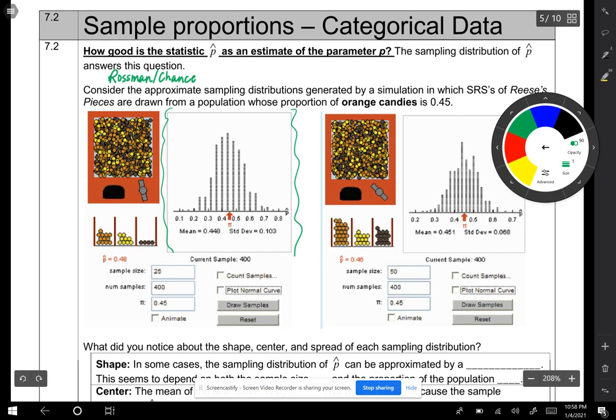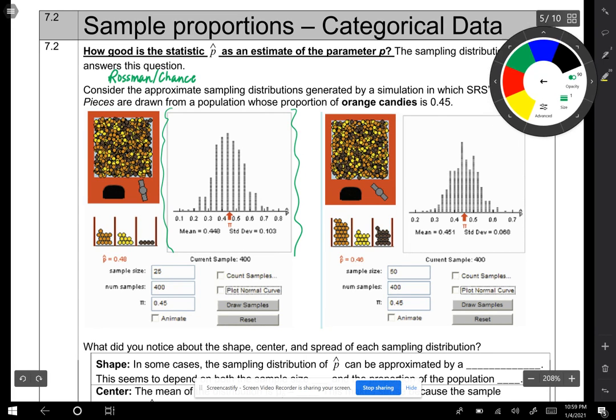So if you look, this first one, the picture that you see of the orange, yellow and brown candies, that statistic is 0.48 orange, just for that particular one. And of course, then it's plotted on the sampling distribution. So 400 of these are run of sample size 25, and you end up getting a mean of 0.448 and a standard deviation of 0.103 of that sampling distribution.